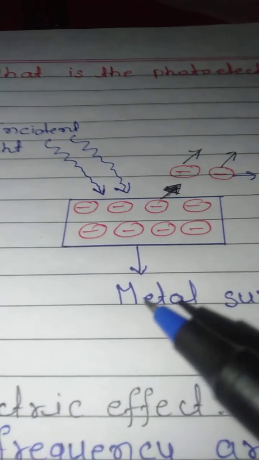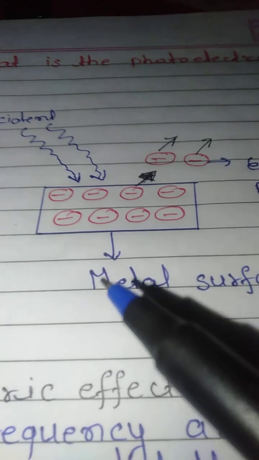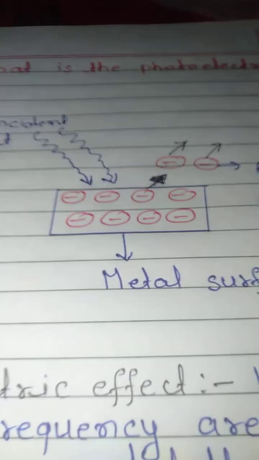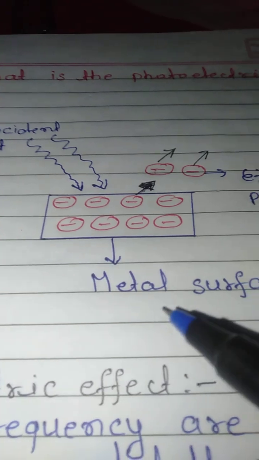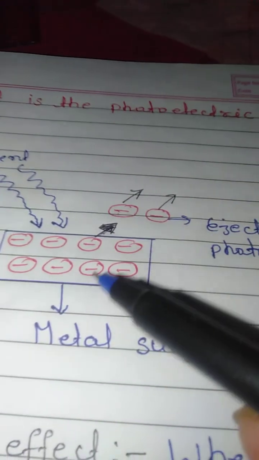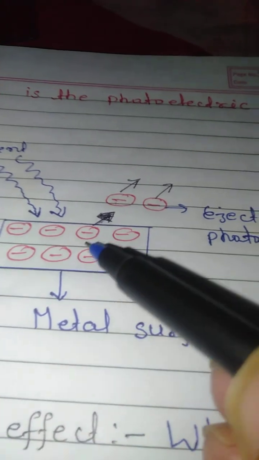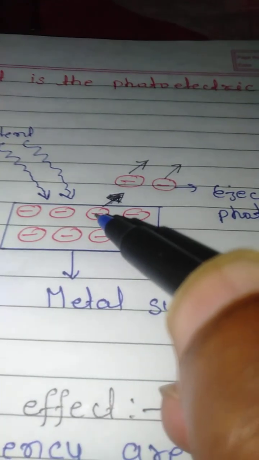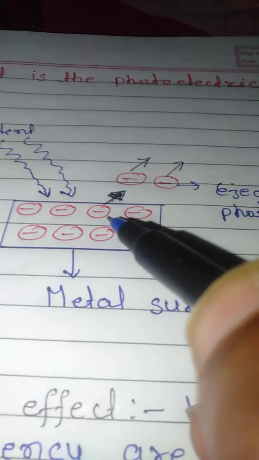Here you can see this is the metal surface, and here you can see electrons in the inner part.